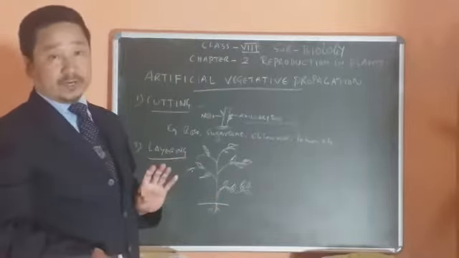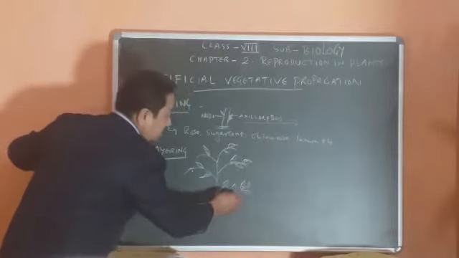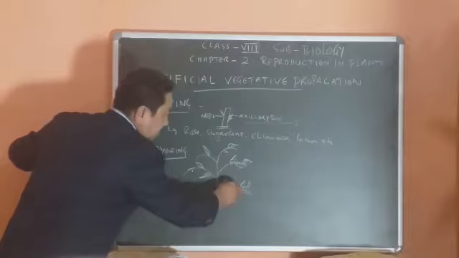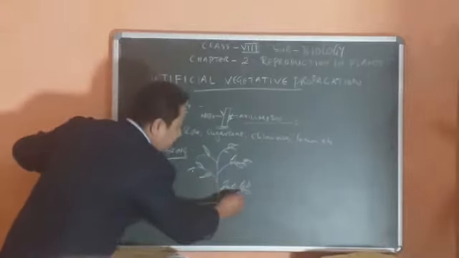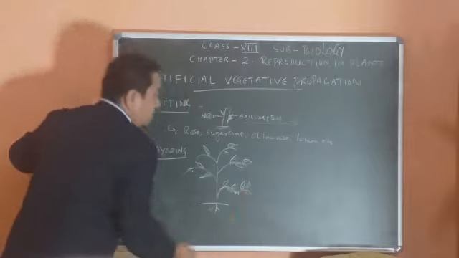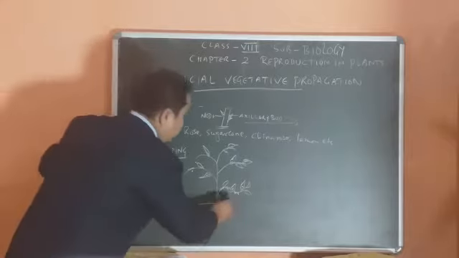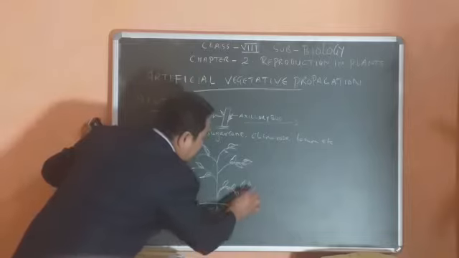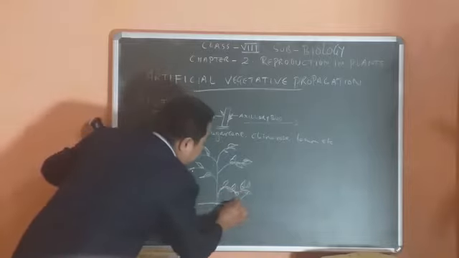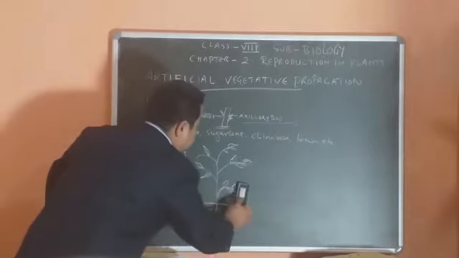Then in a certain region, we can remove the bark with a sharp knife. Then we pull it down like that. Then we bury it with the soil like that. Okay, now this is there.